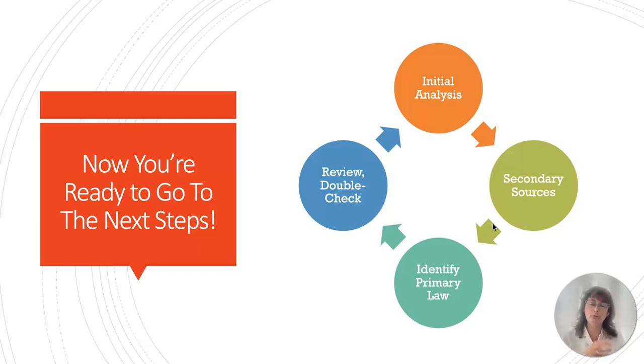And then always you need to review and double check those resources. So that's why we use Westlaw and Lexis, because they have the citator function. When you're in a case or a statute in Westlaw or Lexis, it's going to tell you through the flag system if there's something going on with it, if a part of the case has been overturned, or if there's pending legislation that might change the statute that you're looking at, etc. And then you also want to go back and compare what you found with that initial analysis.